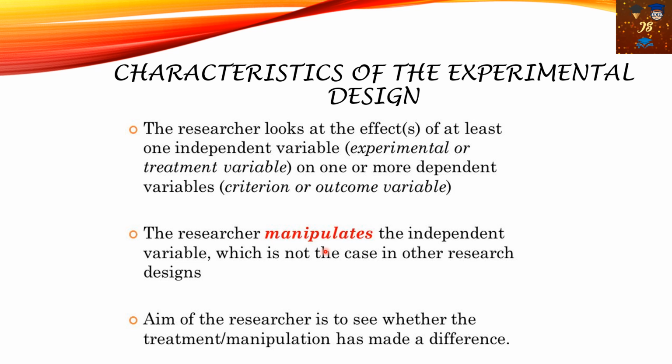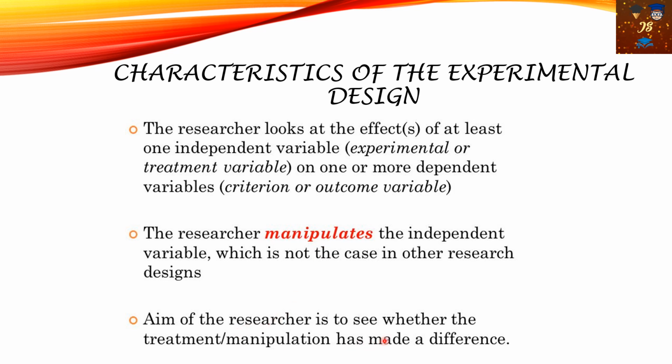Varieties of milk can be used, varieties of tea can be used, to see whether the dependent variable, that means the mood of a person, is uplifted or not, or which particular type of tea enhances the mood of the person.